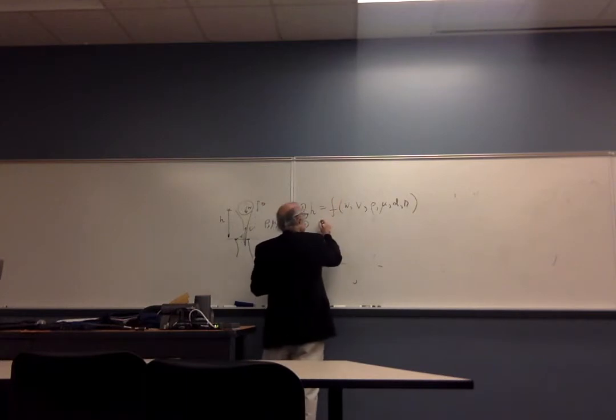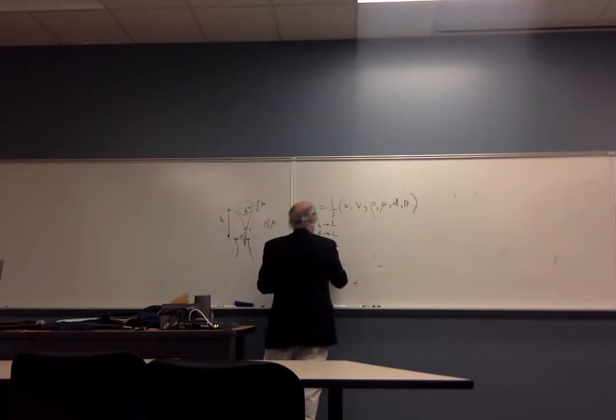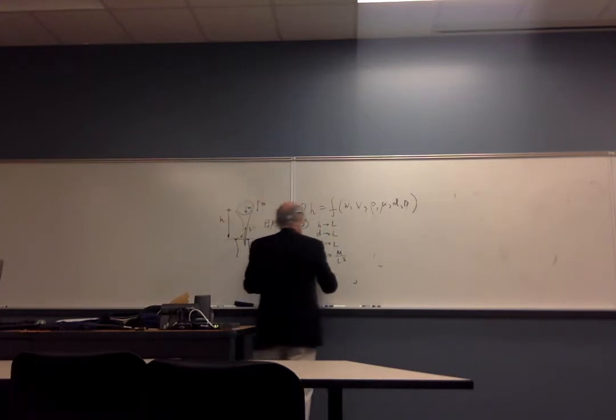Units. Some of these units are pretty easy. H is L. Capital D is L, that's good. Little d is L, great. Density, mass over length cubed. Velocity, length over time.